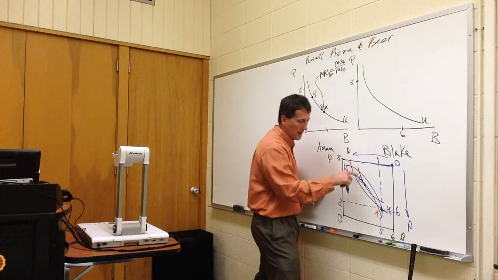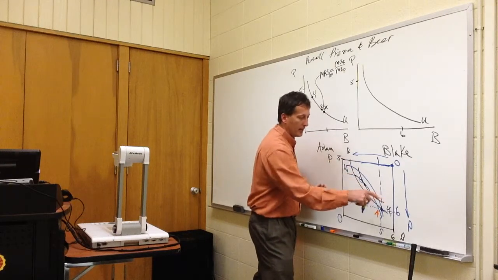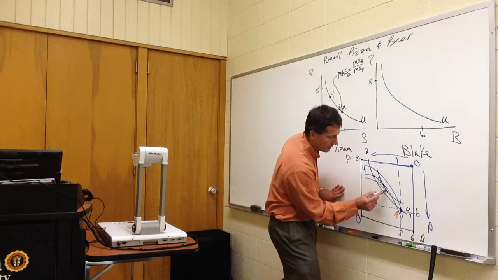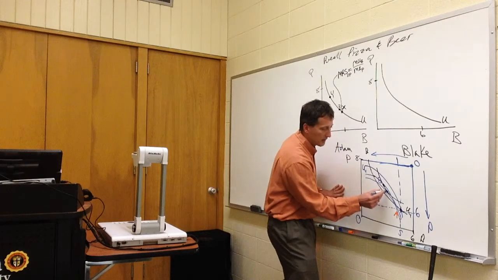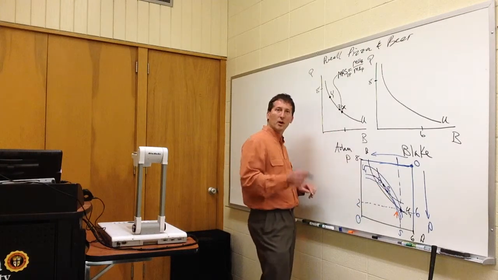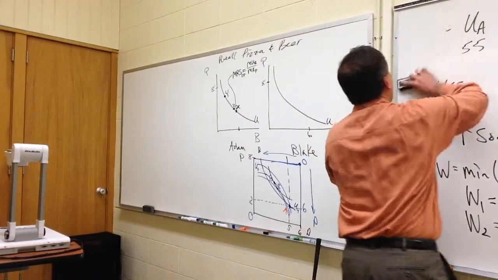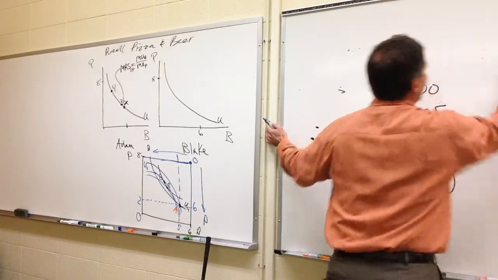So in other words, if I keep Adam right where he's at this level of utility, it's possible for me to make Blake better off without making Adam any worse off. And so that happens at this point, let's call it C, where the 2 are tangent to each other. And now we say that that allocation of beer and pizza is Pareto efficient.